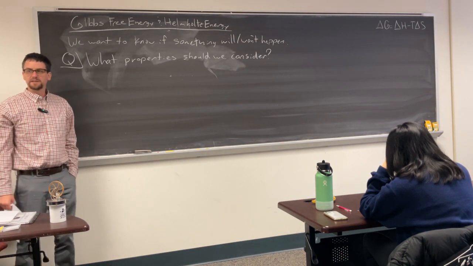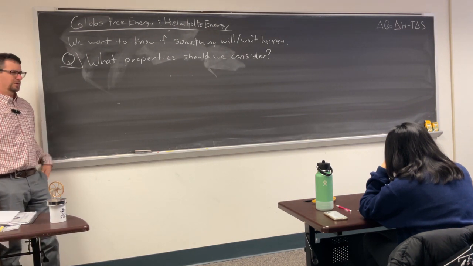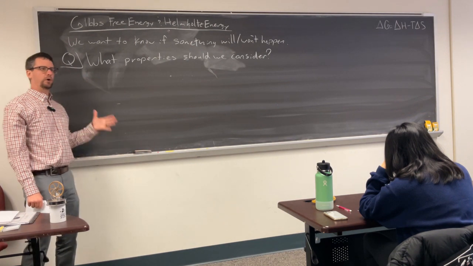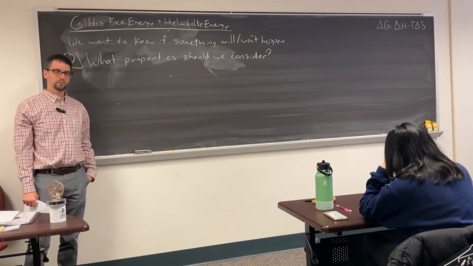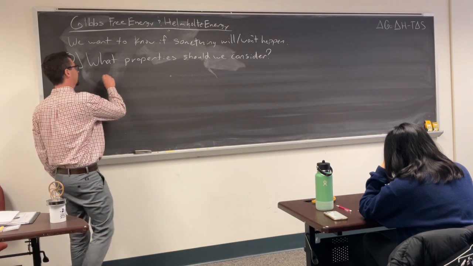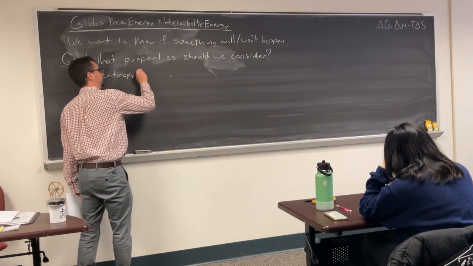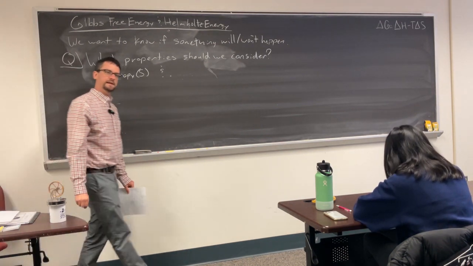So if you think of the state functions we know, which ones do we have to really think of if we want to see if a system or a process will happen spontaneously? Entropy, definitely, because we spent forever talking about entropy, right? So we need an entropy. And what's the other thing we really need?